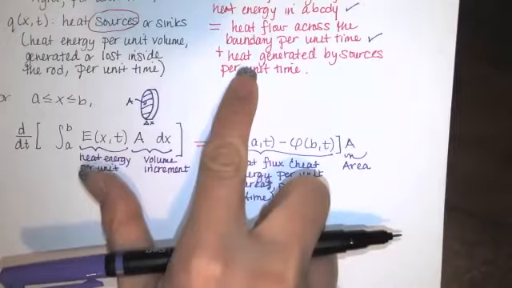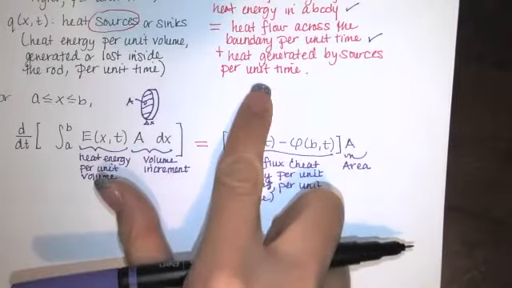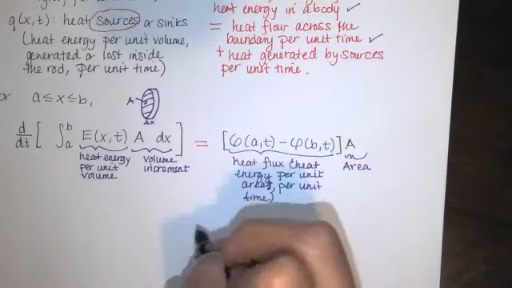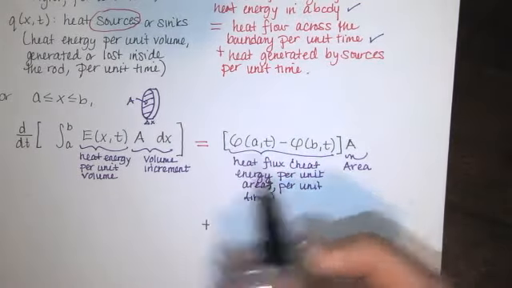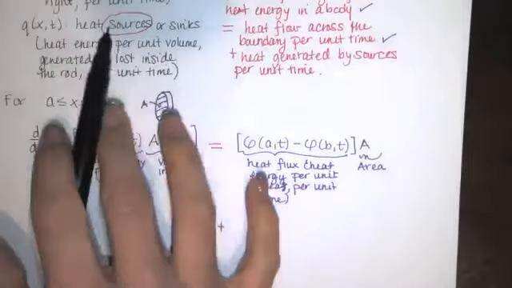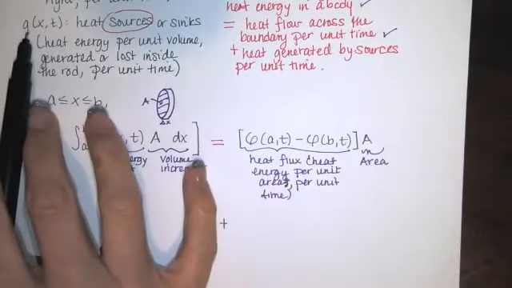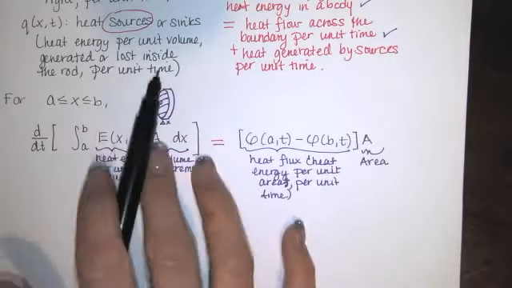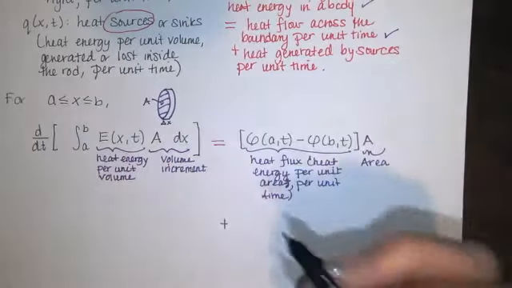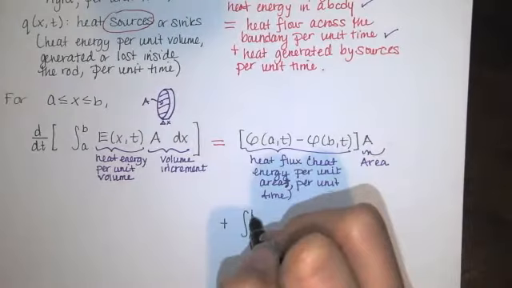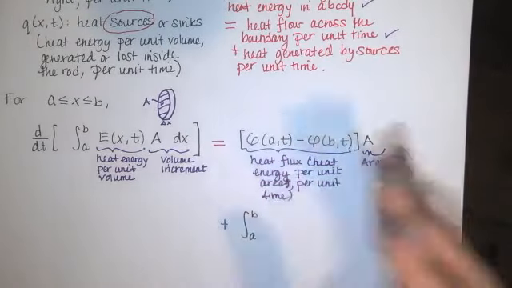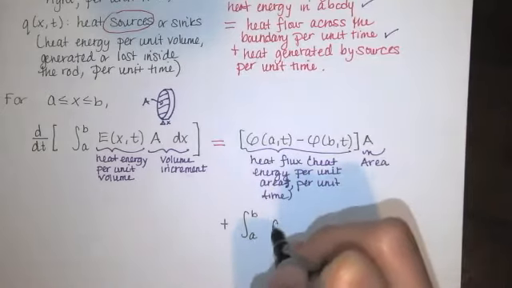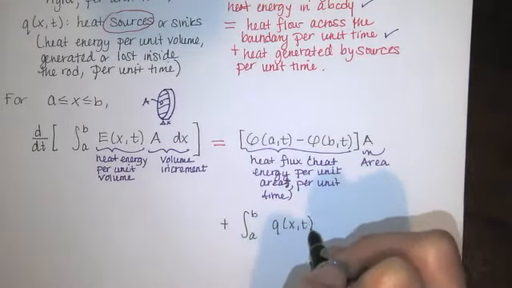Now over here, we want to add the heat generated by sources per unit time. The heat sources or sinks are denoted by this Q of x and t. This is heat energy per unit volume generated or lost inside the rod per unit time. We want to add all of those sources or sinks up for that interval between x equals a and x equals b.